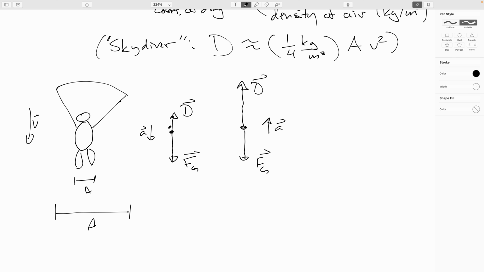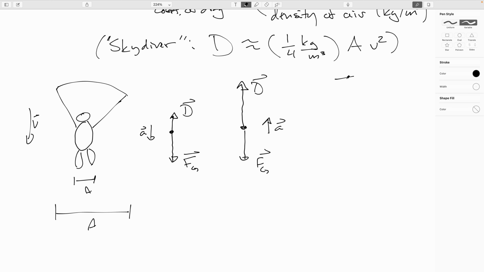And what that means is you'll eventually approach a speed where the force of gravity and the force of drag are the same. Or in the case where the skydiver suddenly opens the parachute and they were already going too fast, the force of drag could be bigger, which means they're accelerating up, which means their speed would decrease. And their speed would decrease less and less violently as the force of drag matches the force of gravity.